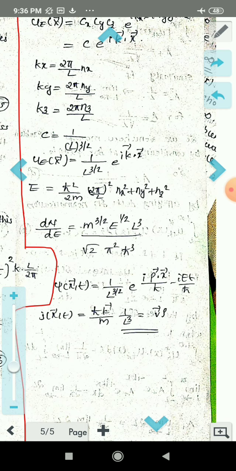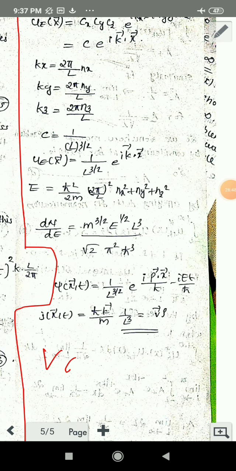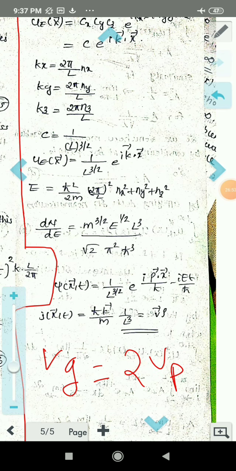The wave packet velocity is the group velocity, that is the envelope, denoted as Vg. The wave packet contains individual ripples, and the ripple velocity is called the phase velocity. For the free particle, Vg, the group velocity, is equal to 2 times the phase velocity.